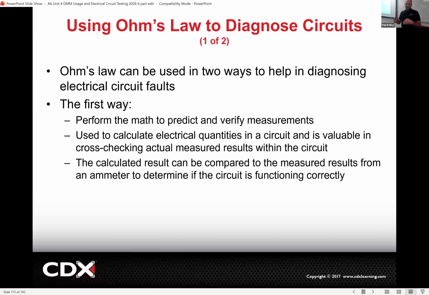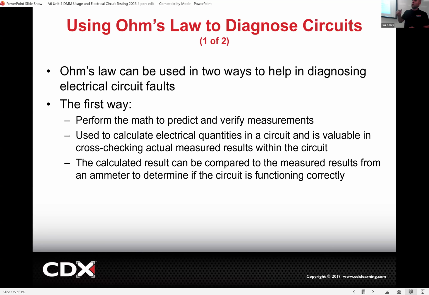And then after that, you should be able to measure it and be like, is this what it was supposed to have? And if you predict it correctly, usually through tracing, which is what we're going to do when we get back, you're going to trace circuits. And if you predict it correctly and you trace it correctly and then you measure it and it has what it's supposed to have, you can determine these things are good.